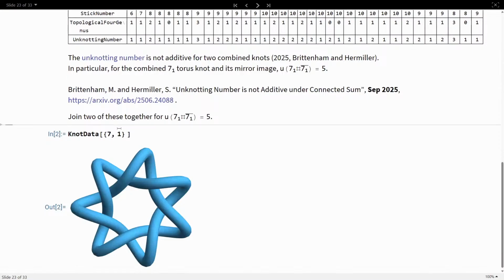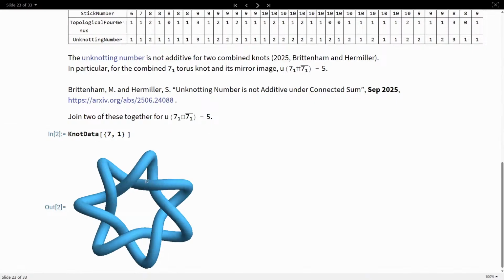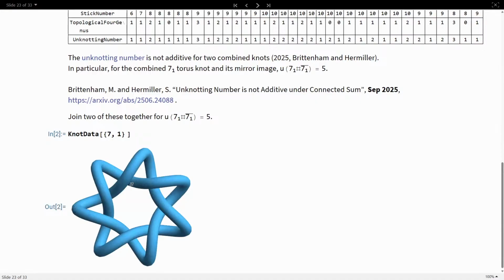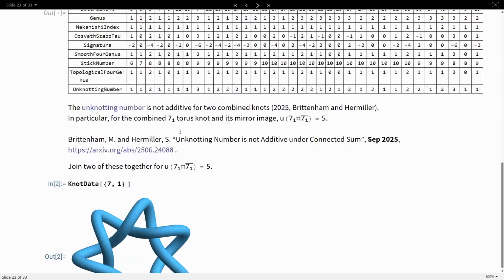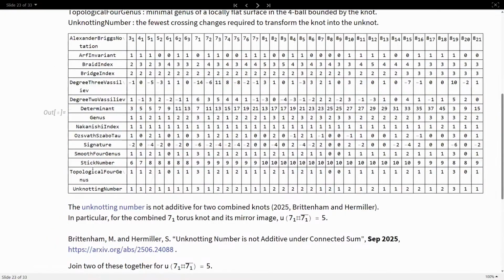So basically what they found in this paper last week was that if you took two copies of this knot and joined this and its mirror image together, say at this point, just imagine mirroring this knot and connecting them here, the unknotting number for that combined knot is just 5, whereas the unknotting number for that knot is 3.